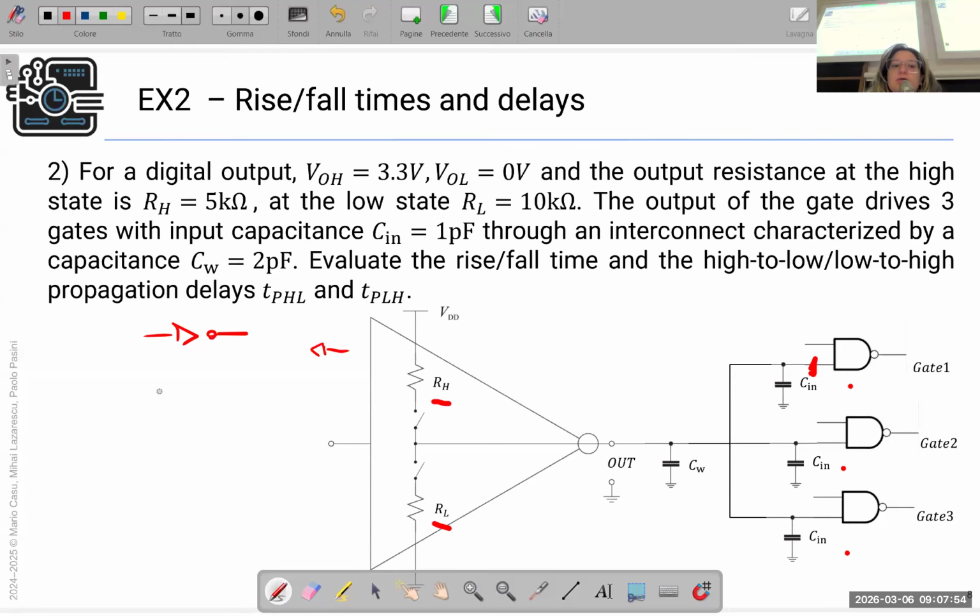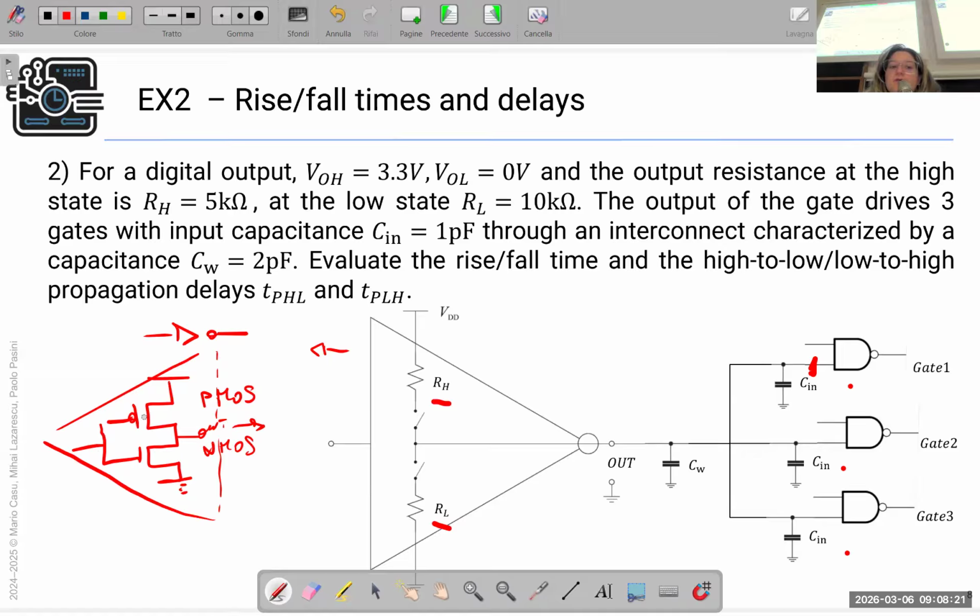The same that we saw the last time. We have the PMOS and the NMOS. Do you remember? And here we have the output.